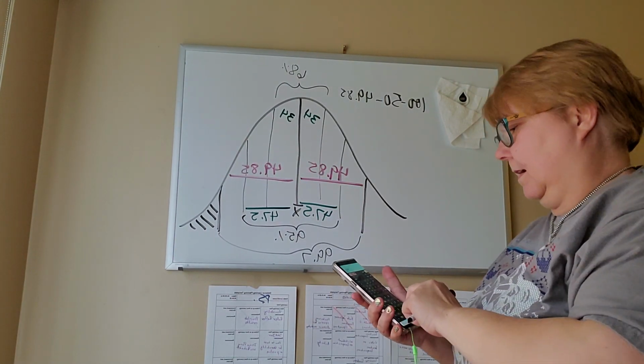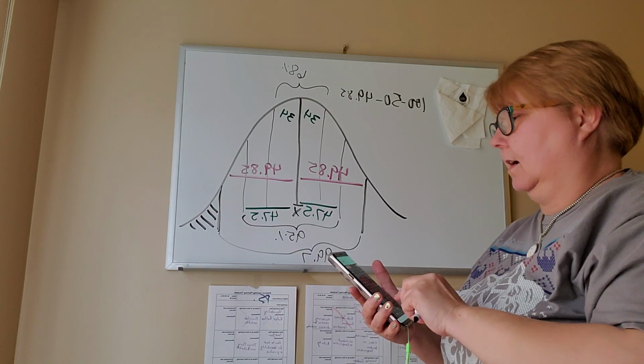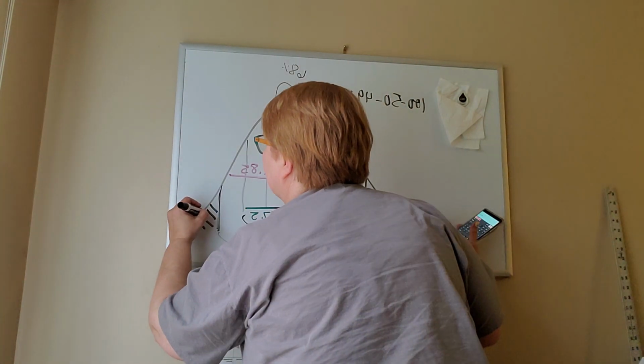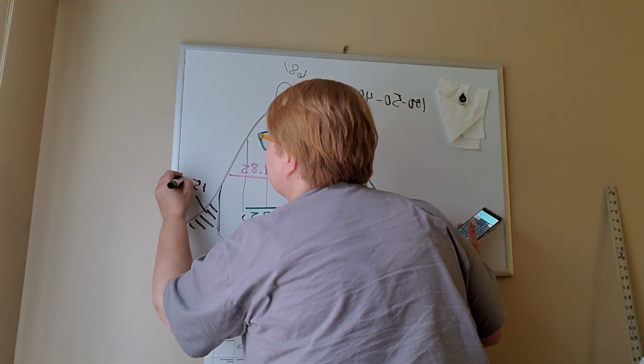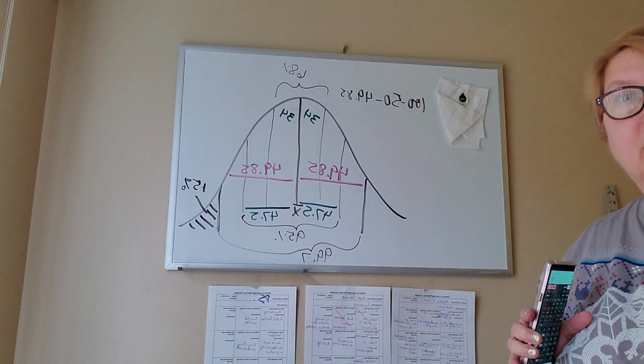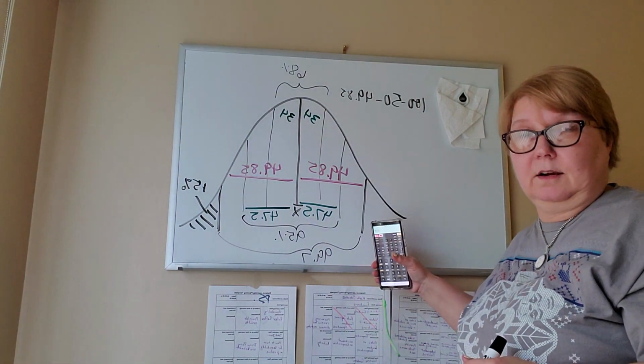So if I add 49.85 plus 50 and subtract from 100, that means that only 15% is in that tail.